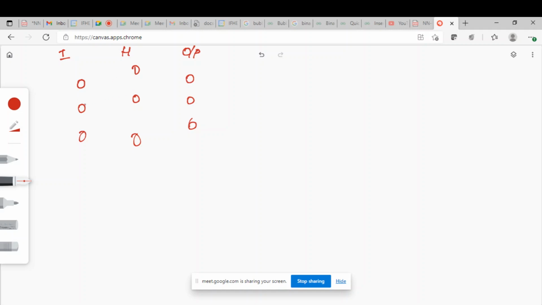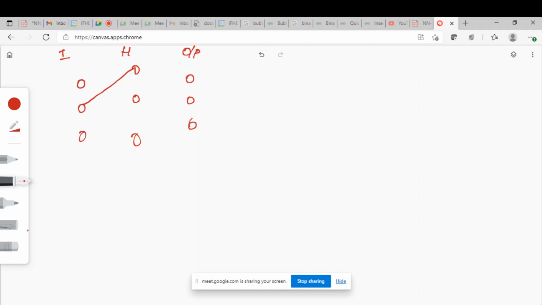Now I'm not going to draw the full diagram, because if I draw all the links, it will become clumsy. So back propagation we want to understand. So let us take only one neuron. For example, this neuron, it will be connected here.